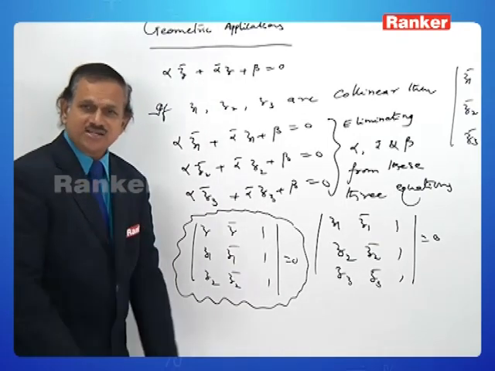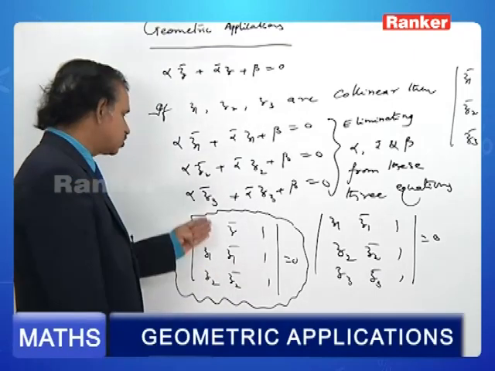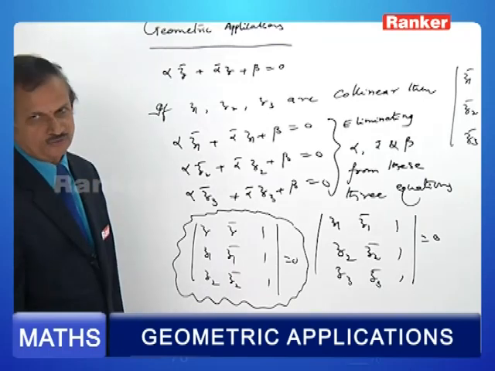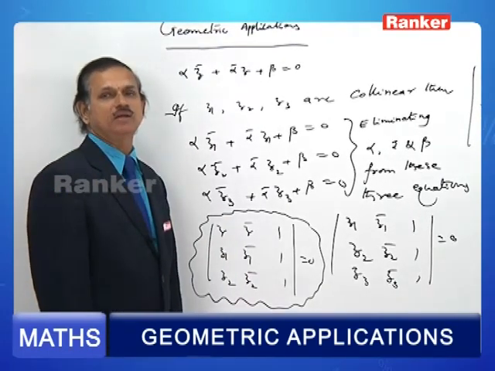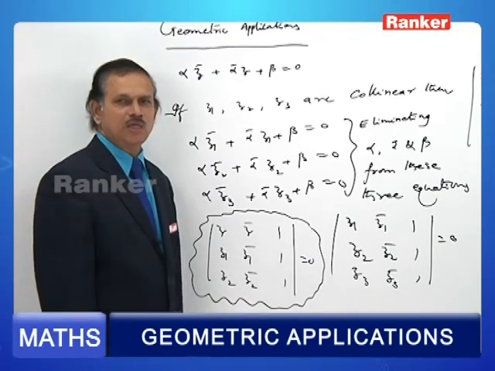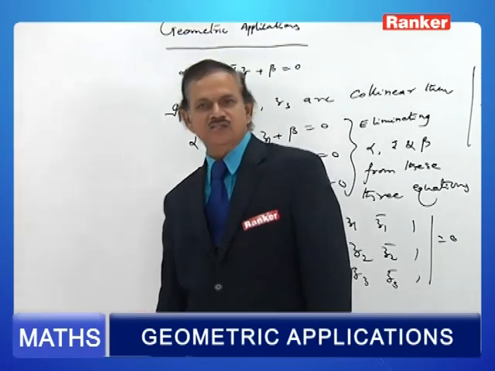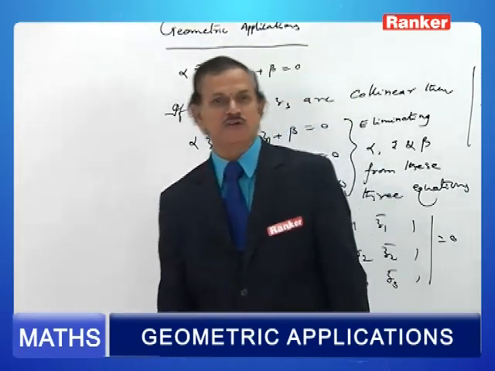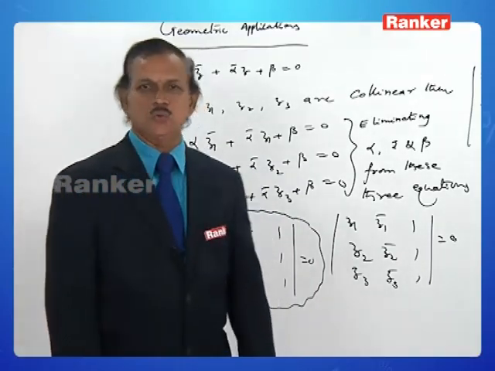Yes, it's very easy to verify. You take z1 in the place of z, then the first two rows become equal, answer is 0. If you take z2 in the place of z, the first row and third row become equal, then answer is 0. Therefore, both z1 and z2 are satisfying this equation. This is just nothing but the equation of the straight line joining z1 and z2 also.